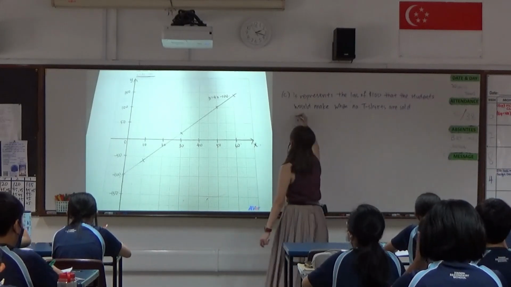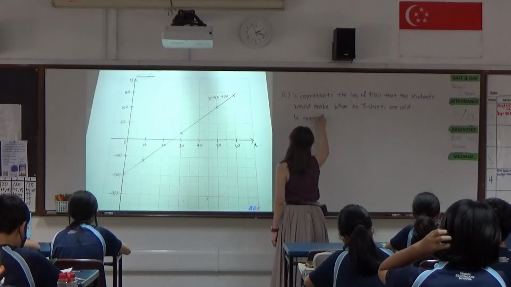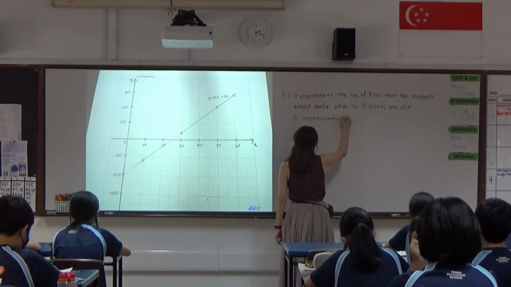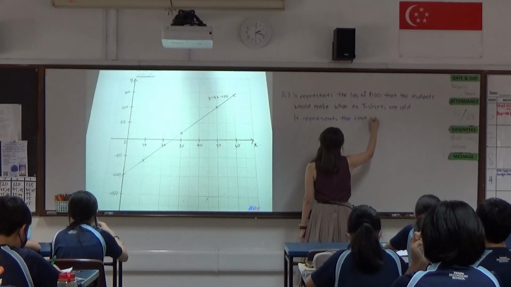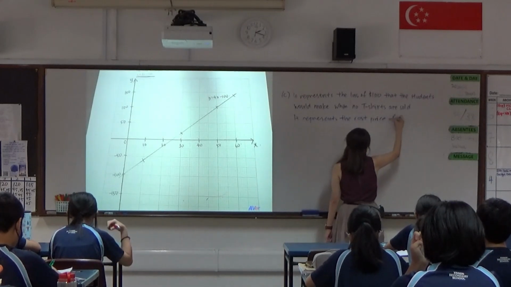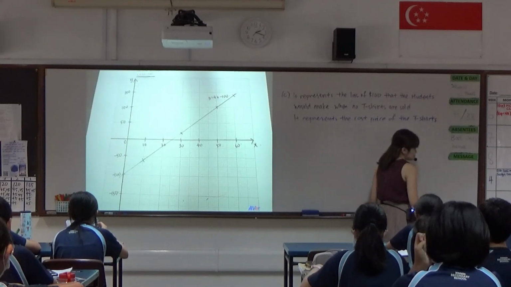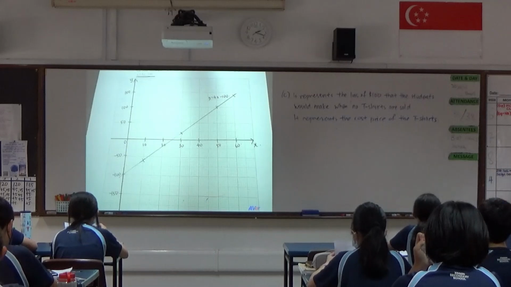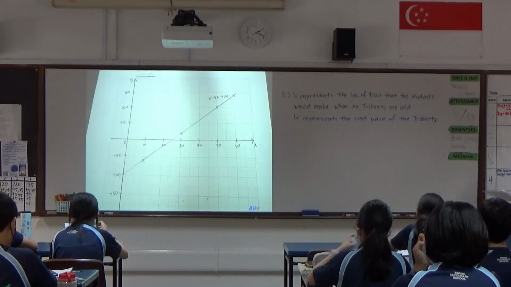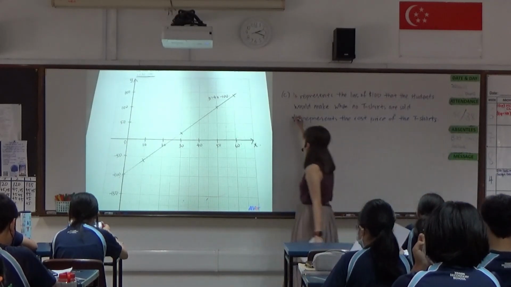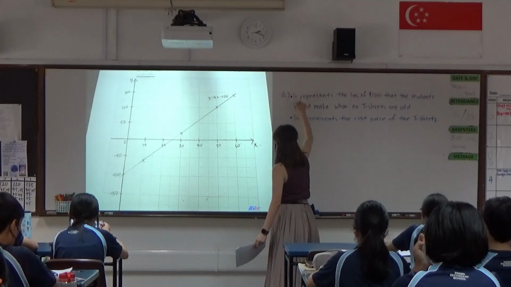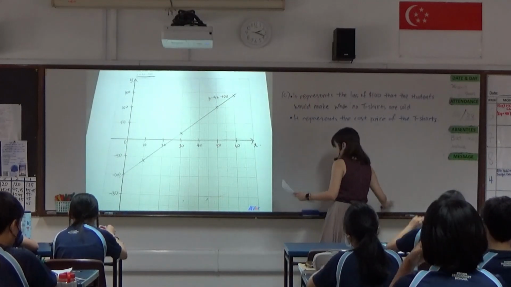So you can also say that it represents the cost price of the t-shirts. Okay, so that is also another way of phrasing it. Either one of these sentences will be good.